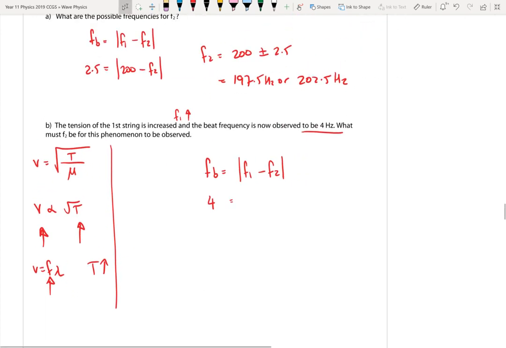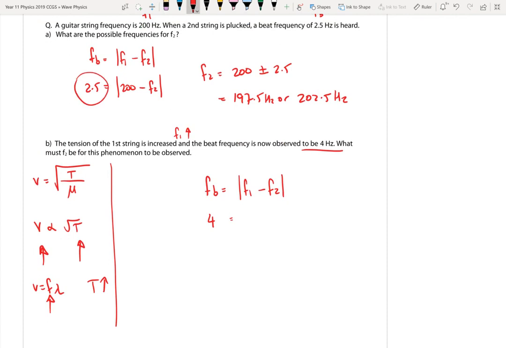So we started with a difference of 2.5 hertz, and then we increased F1, and the difference was greater. I always struggle to explain this equation because there's that absolute value. Basically, we're getting further from F2. So if you're increasing the frequency and you're getting further from F2, it had to be 202.5.